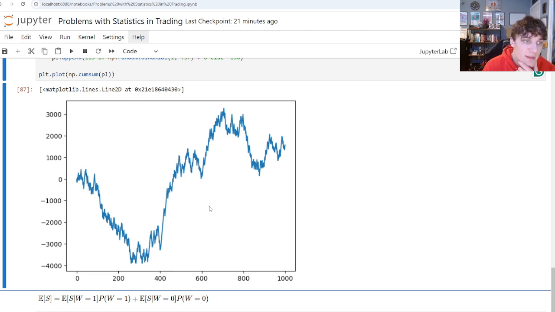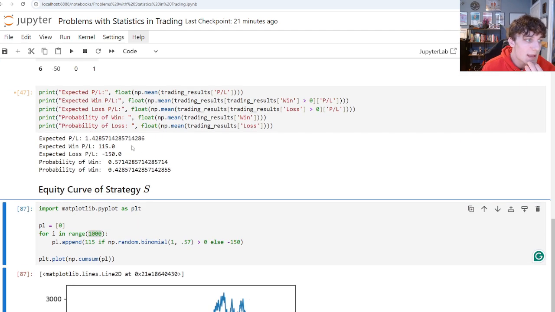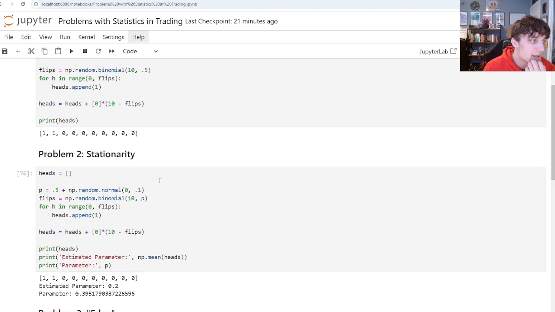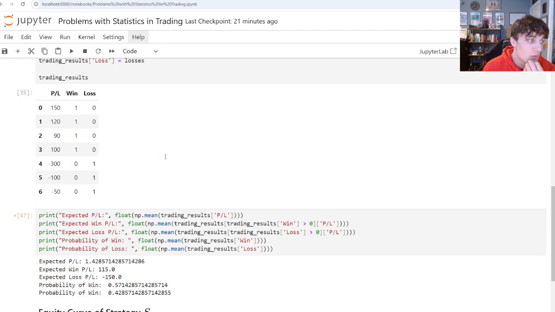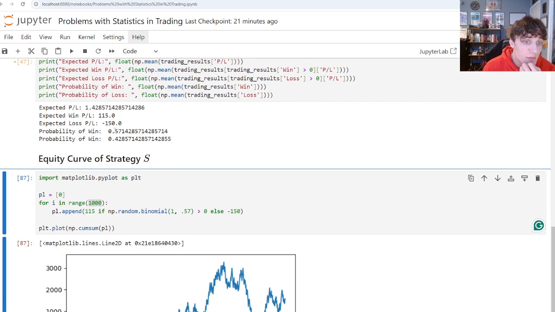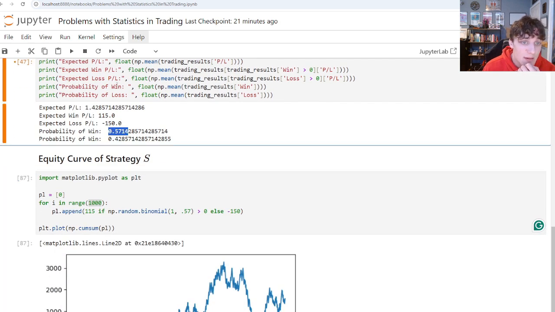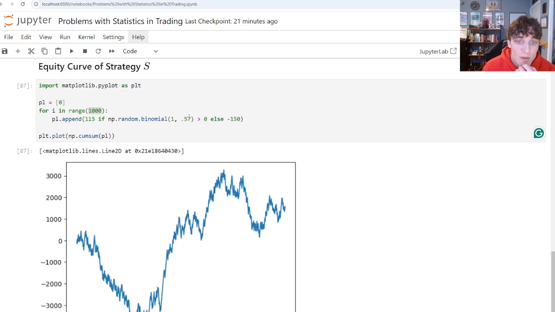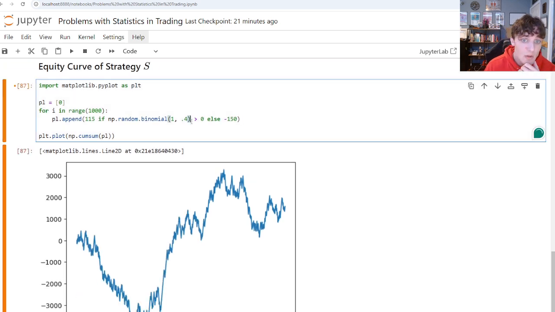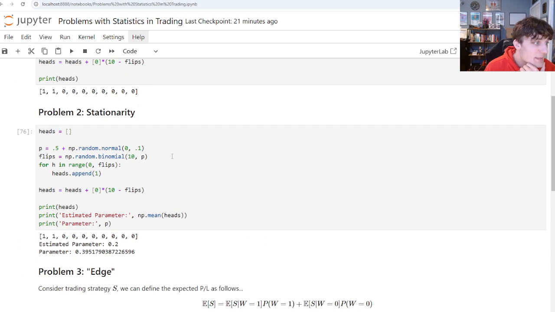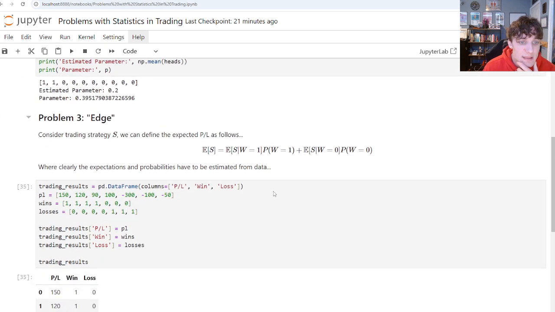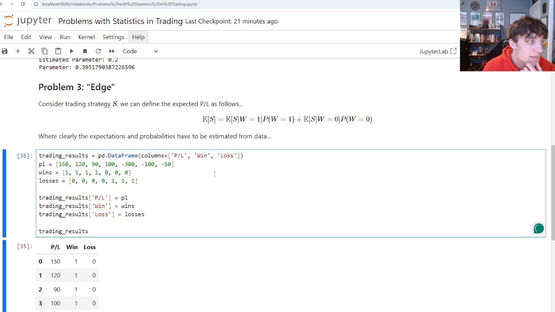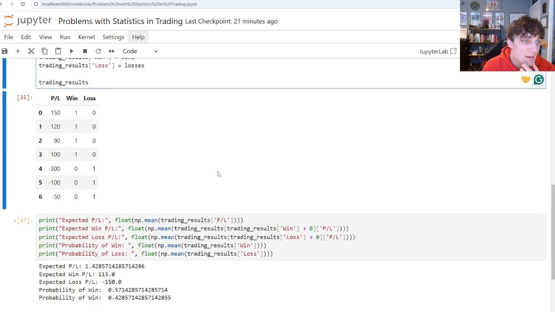But very easily, these parameters, just as we saw up here in the context of stationarity and parameter estimation, could be wrong, first of all. There's no reason why the probability of a win should be 0.57 and the probability of a loss should be 0.43. What if in reality we estimated wrong? We estimated the coin flip wrong here. We said 20%. So why is this enough data to estimate the probability of a win, right?